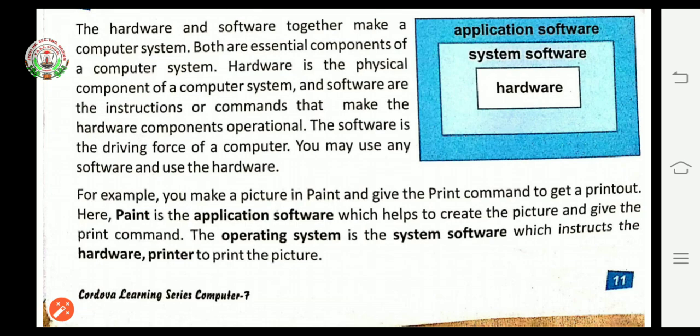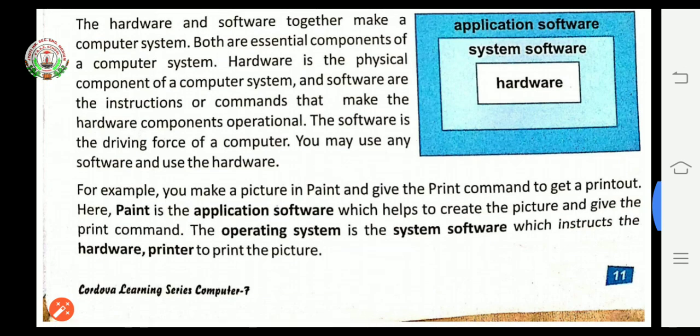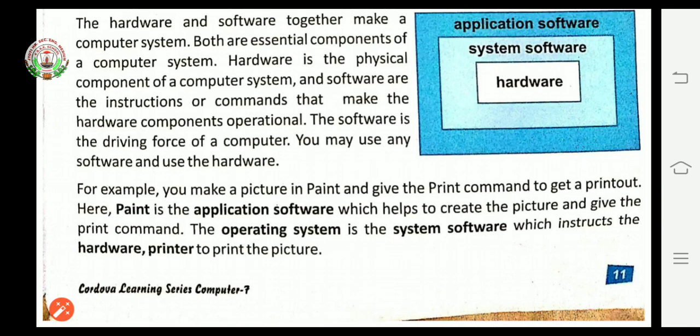To make a computer system work, we first have to use software, and with the help of the software we can use any kind of hardware. Understand with an example: you make a picture in Paint and give the print command to get a printout. Two kinds of software are involved here.